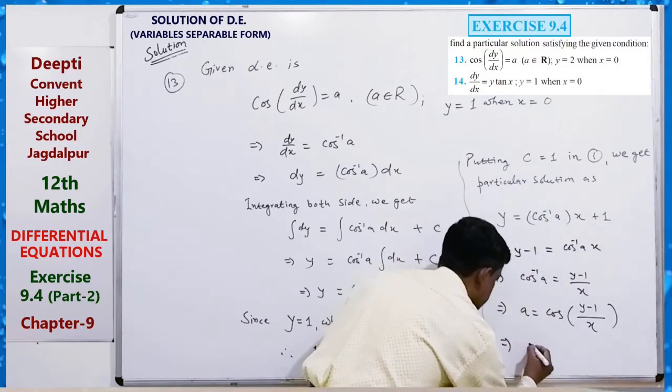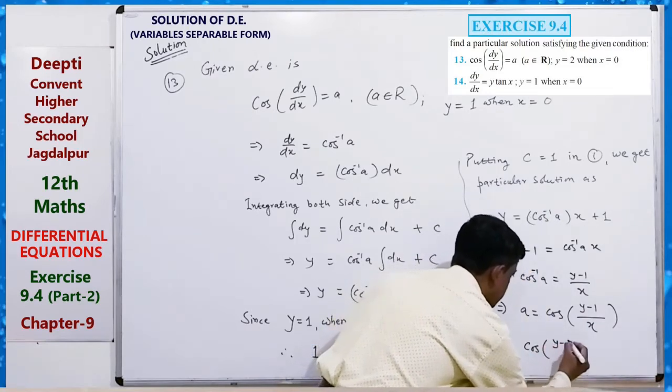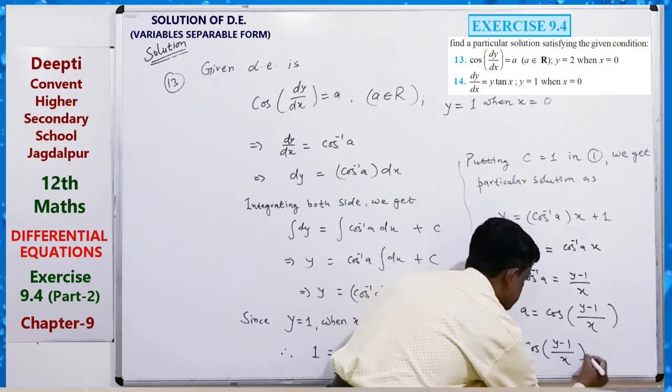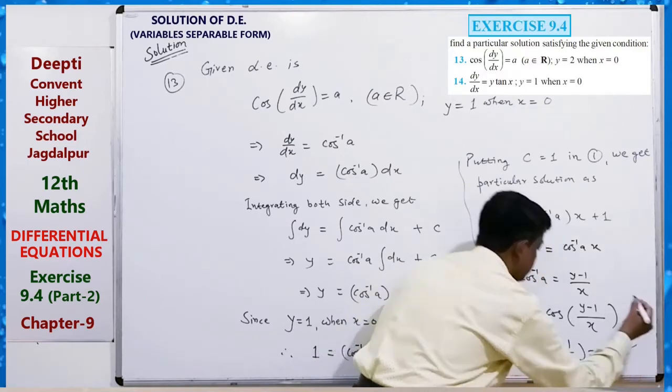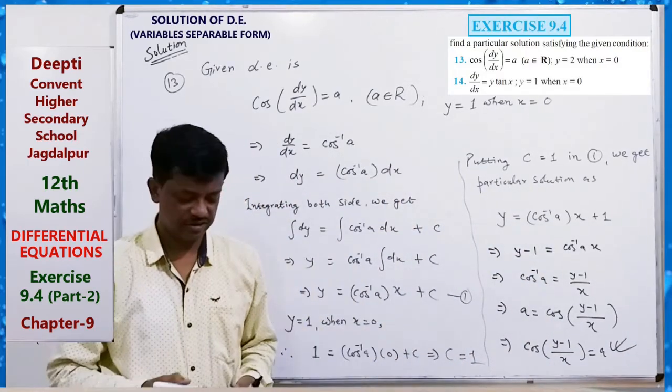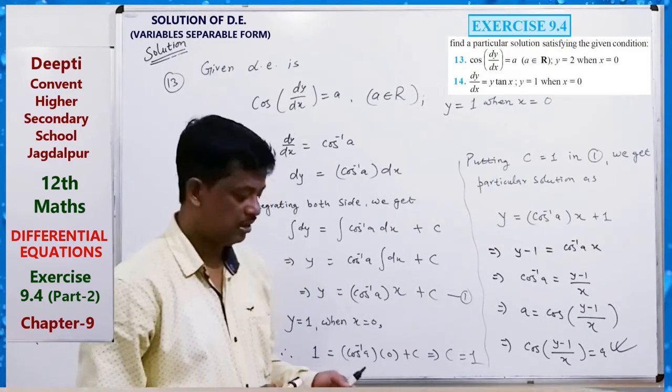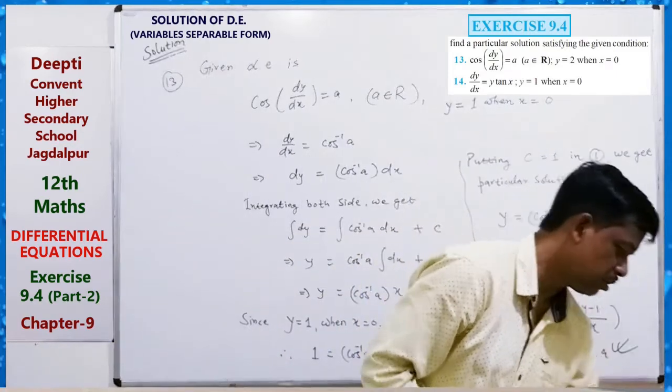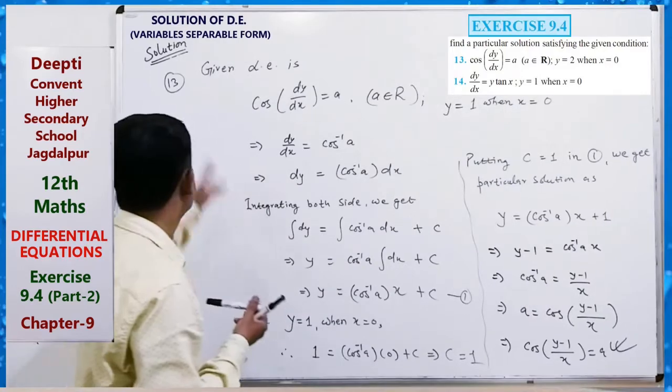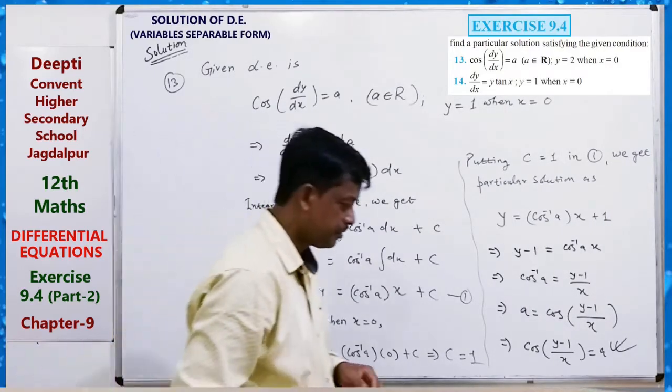This is our solution: cos of (y minus 1) upon x equals a. This is our final solution. You can simplify it. Okay, so this is the required solution of question 13.